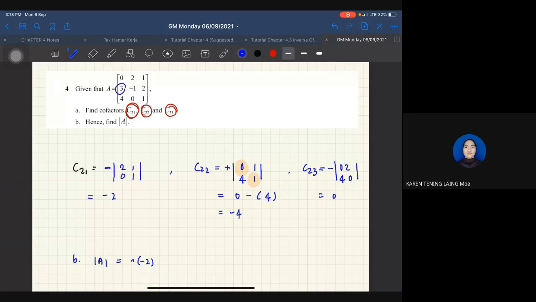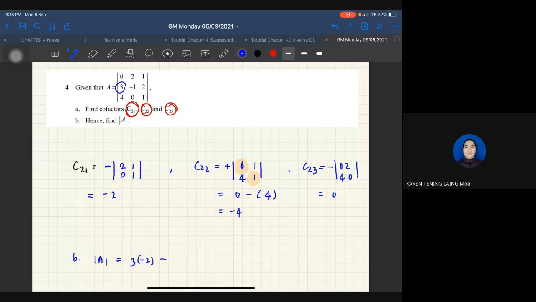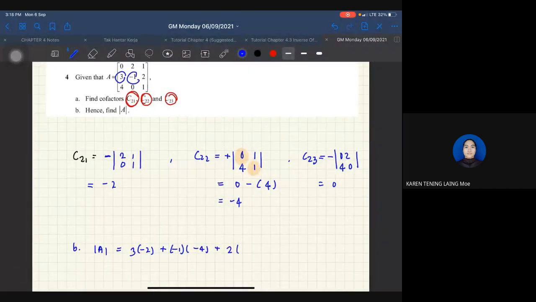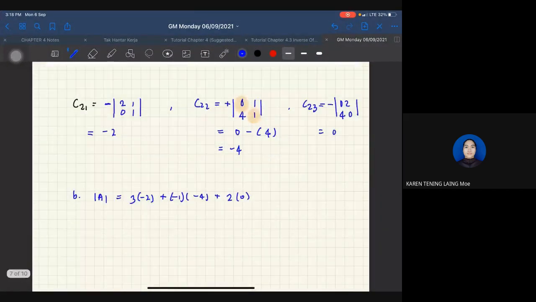So the first one is multiply with 3 and then plus second element is negative 1, negative 1 times negative 4 and then lastly you have 2 times 0. Okay, so awak punya jawapan kat sini is negative 6 plus 4 which is equal to negative 2.